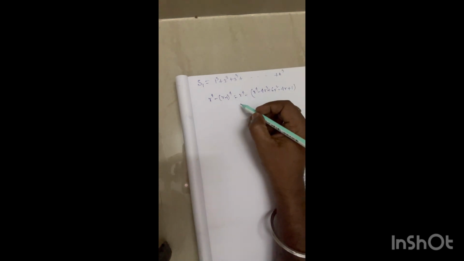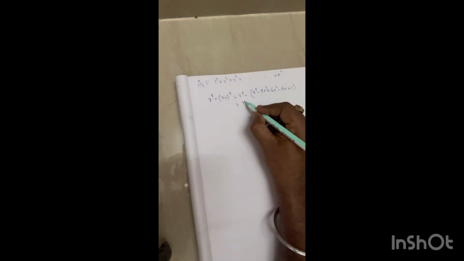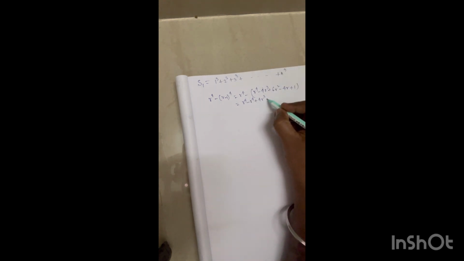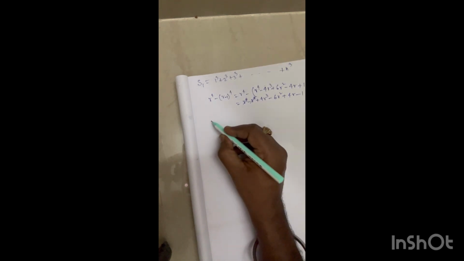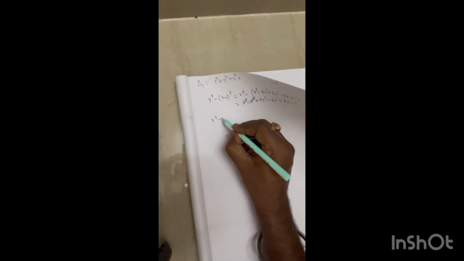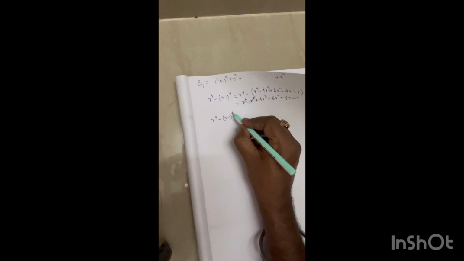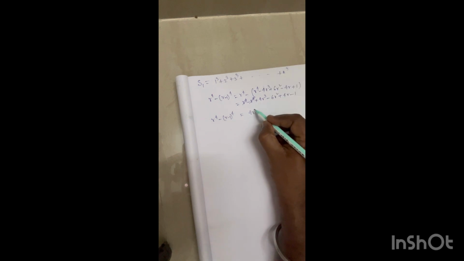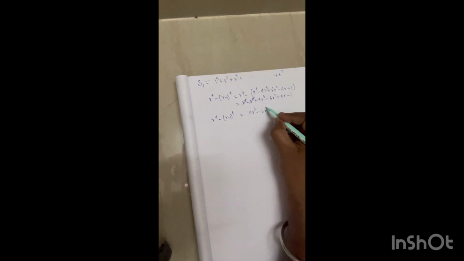Okay, so further I will remove the bracket, and as we did earlier also, we will do the same thing. We will simplify this part, then after we will put the value of r consecutively from 1 to n. So here you can see, by simplifying, the ultimate relation that I will get, r to the power 4 minus r minus 1 whole to the power 4 is equal to 4r cube minus 6r square plus 4r minus 1.